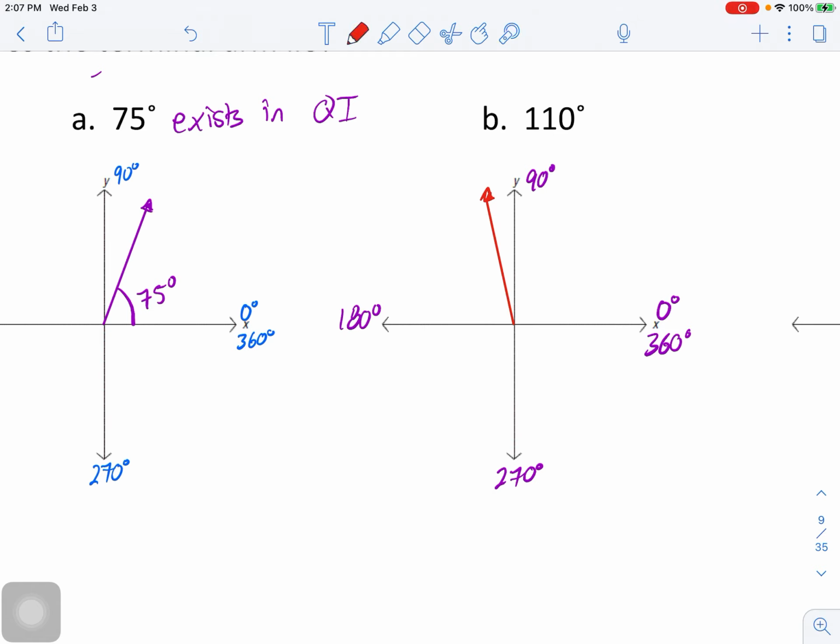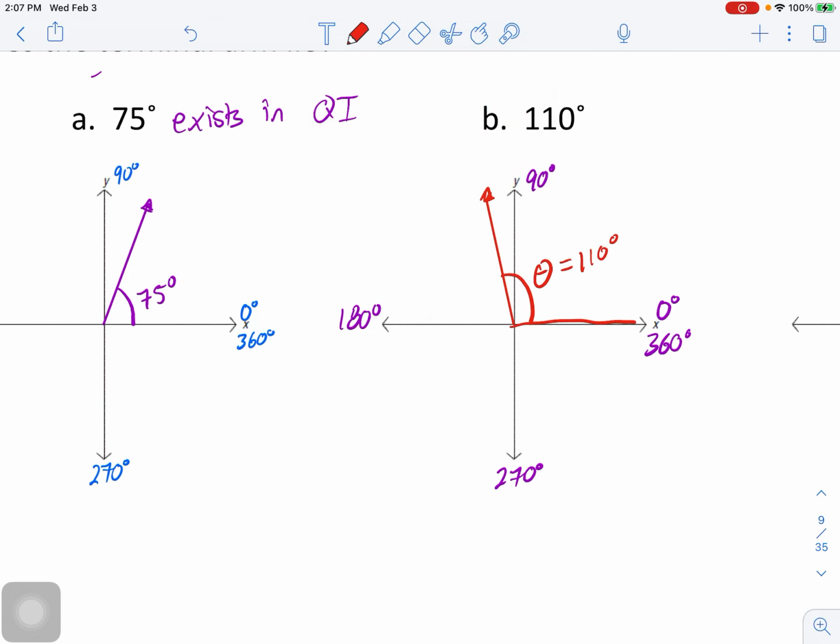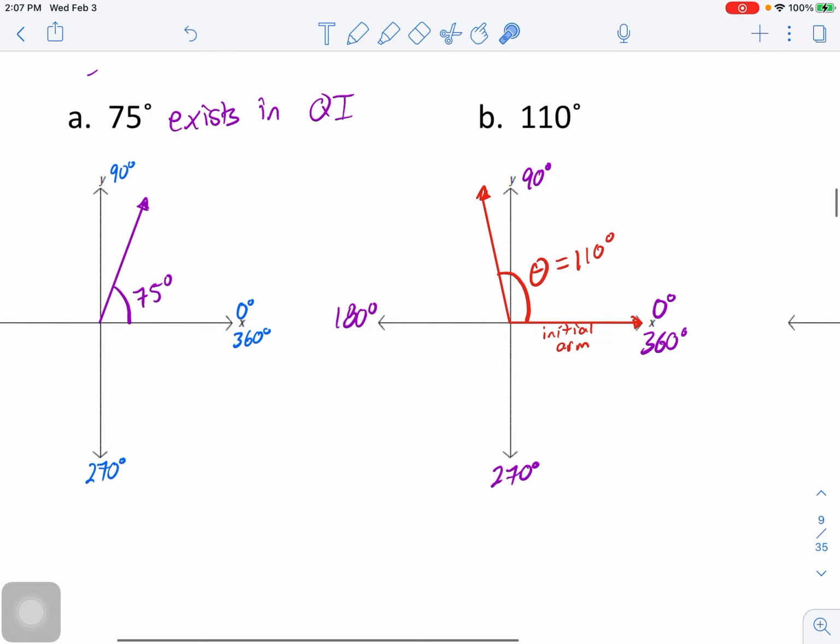Okay, so this standard angle here would be 110 degrees. And again, why is that the standard angle? Because we are measuring it from the positive x-axis, which is the initial arm, and our terminal arm is attached to the origin point. Okay.